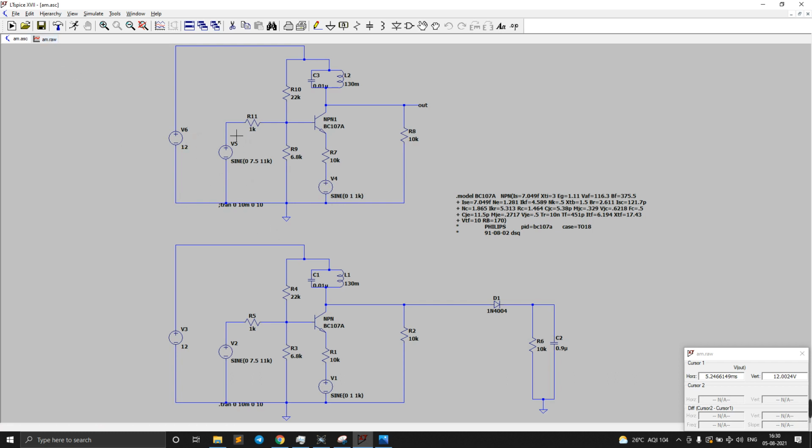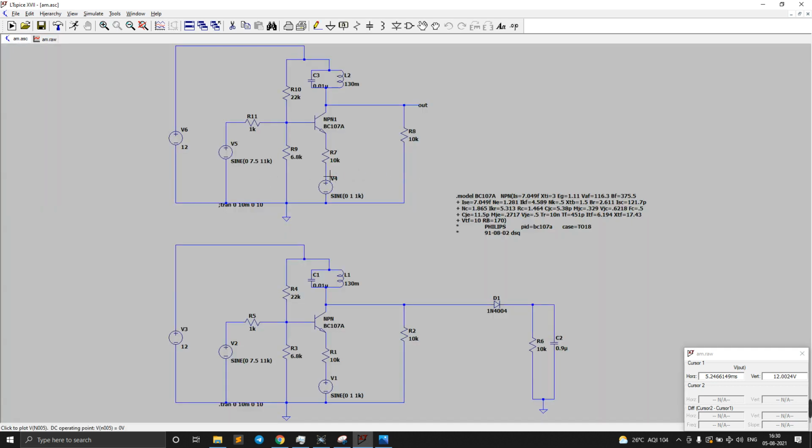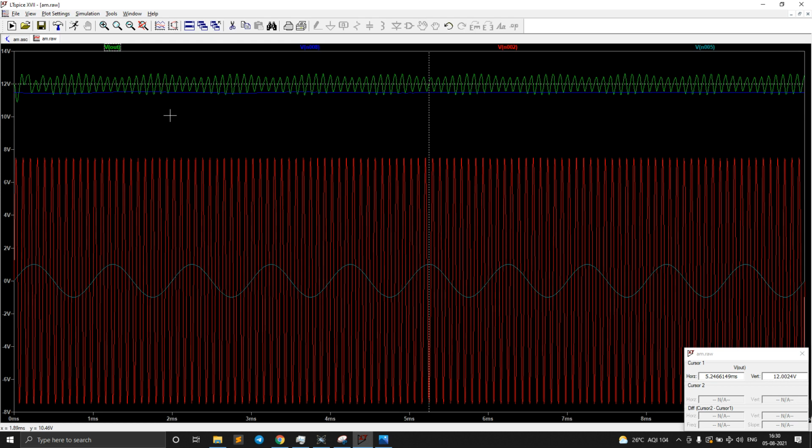So if we just want to see this one, here we can see it. This is the carrier wave, and this is the message signal. These two are at different frequencies, and this is the generated AM signal.